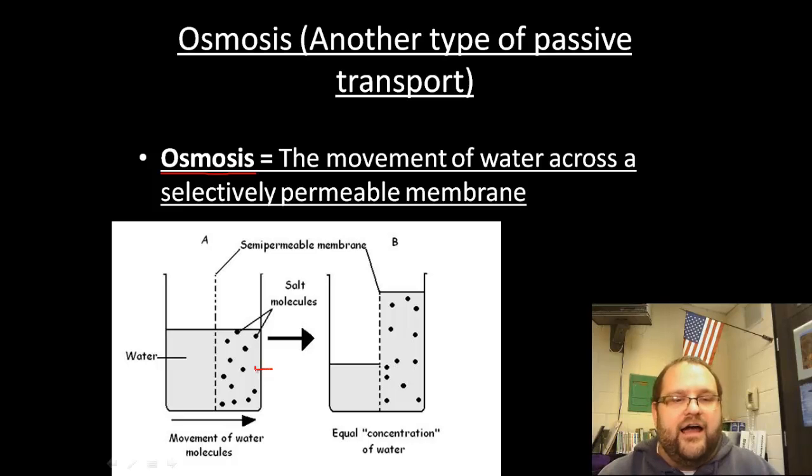Well, because there's a higher concentration of salt on this side, the water wants to move where there is more salt. So the water is actually going to move from this side to this side. And if we notice, the water is going to dilute out the salt until we have equal concentrations.